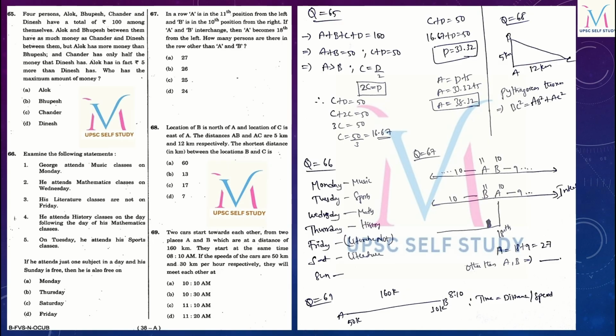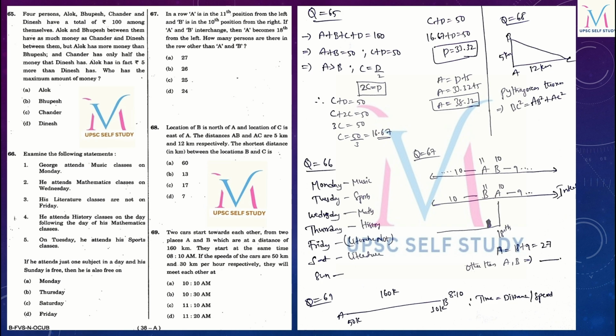And question number 67. In a row, A is in the 11th position from the left and B is in the 10th position from the right.